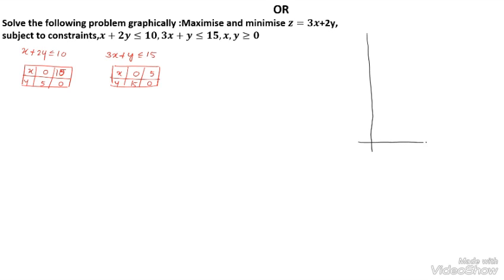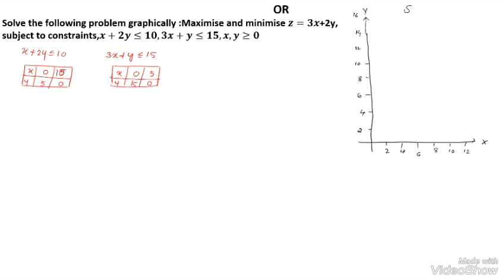So here I'm taking the diagram. This is the x-axis and this is the y-axis. I am taking the units 2, 4, 6, 8, 10, 12, 14, 16 up to this much, and here 2, 4, 6, 8, 10.